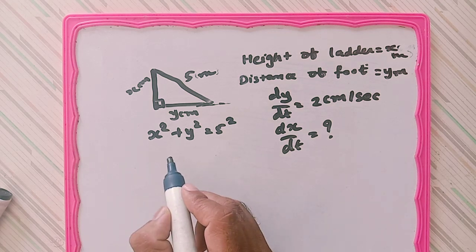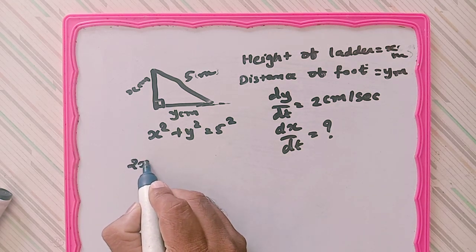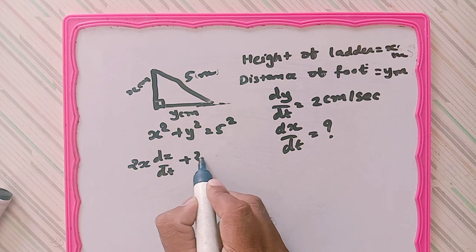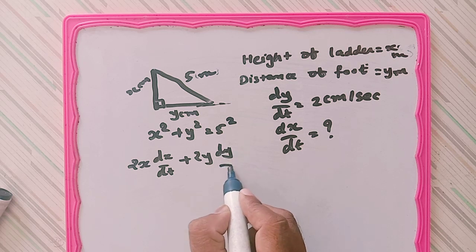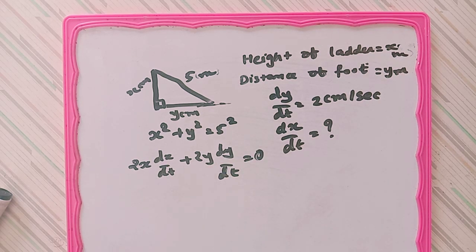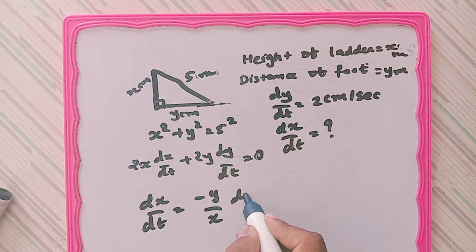So now we differentiate this function with respect to time. Then we have 2x dx by dt plus 2y dy by dt equals to 0 as 5 is constant. And so we can write that dx by dt equals to minus y by x dy by dt.